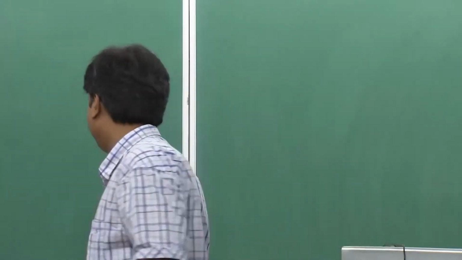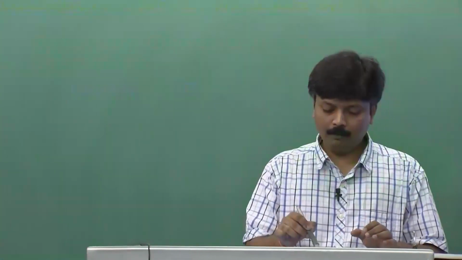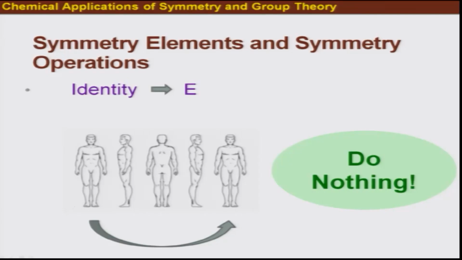If you look at this picture here, the person is looking at us, and then keeps on taking turns from here to here, and then here to here, and then here to here, and then here. So ultimately there is no change in the position of the person.